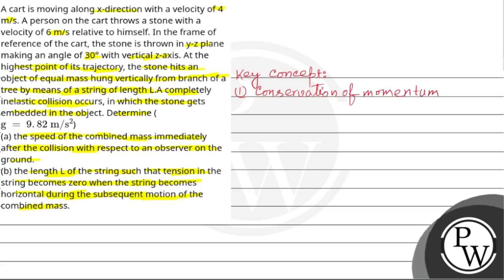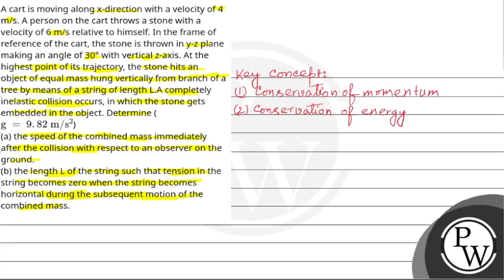In case of collision between two bodies, if there are no external forces, the momentum before the collision and after the collision are the same. And the next concept we need to use here is conservation of energy. We know that for an isolated system, energy is conserved, right? Now using these concepts, we solve the question.